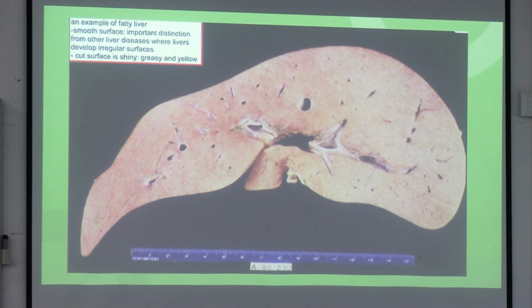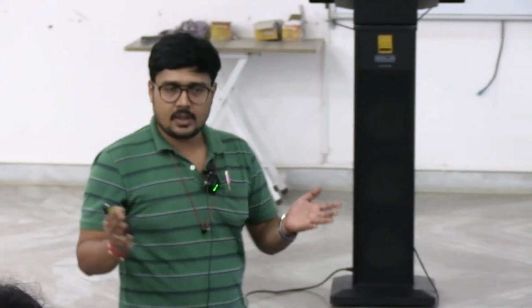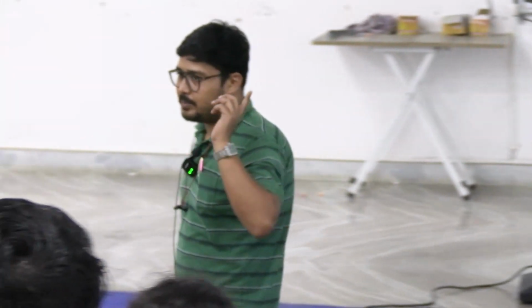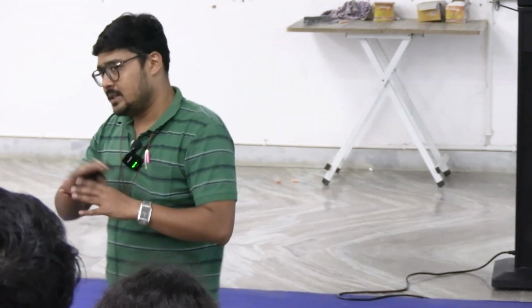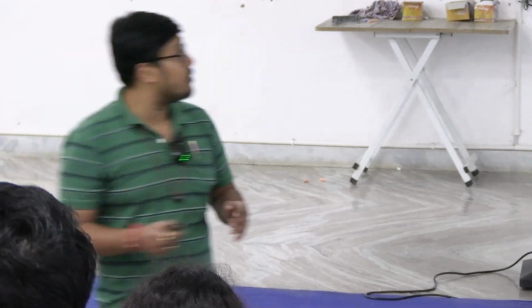Like other liver pathologies such as cirrhosis of liver or viral hepatitis, where the gross liver architecture is coarse, in this pathology, steatosis or fatty liver, the outer surface of the liver is smooth and glistening. Okay? Cut surface is shiny, greasy and yellow.